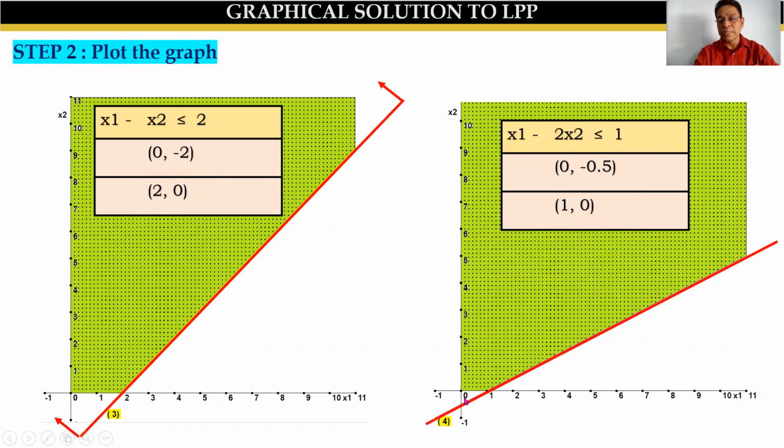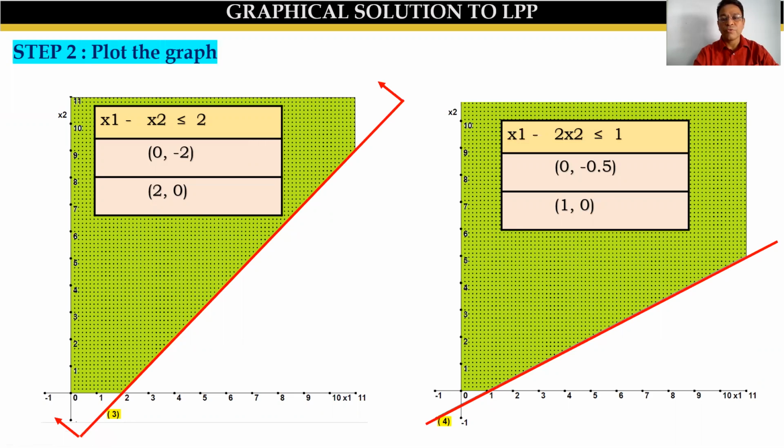This area will not be considered because this gives x2 equal to negative, and the non-negativity constraint says that x2 should be positive. So this small triangle which you can see, even though this line permits this small triangle, we will not consider this area.